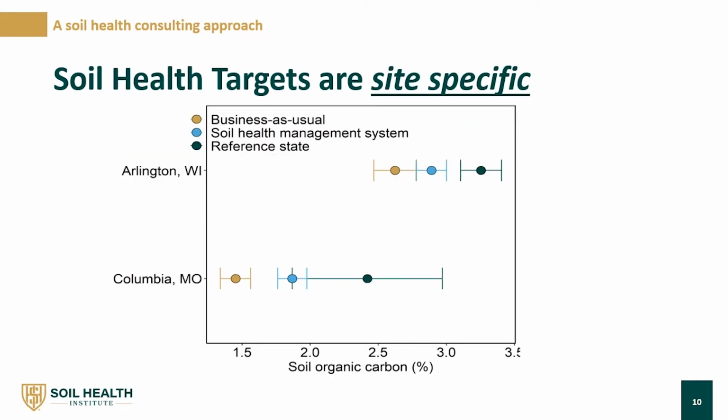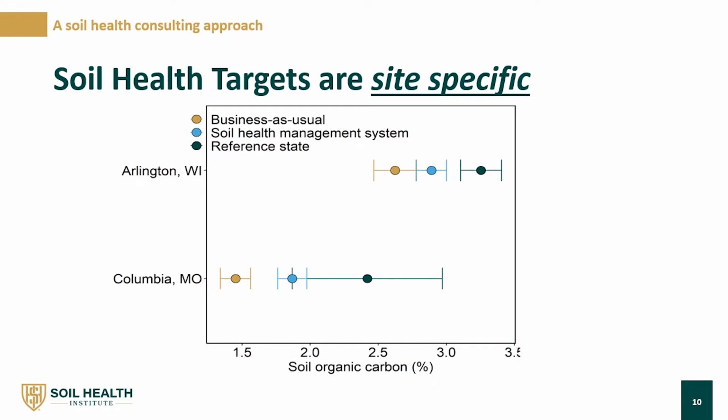So as we think about identifying and building soil health targets or goals to which we need to manage our soil health, it's also important to recognize that those goals or targets are site specific. They're dependent on the specific soil, and the environment that that soil's in can change the value that those targets can take.